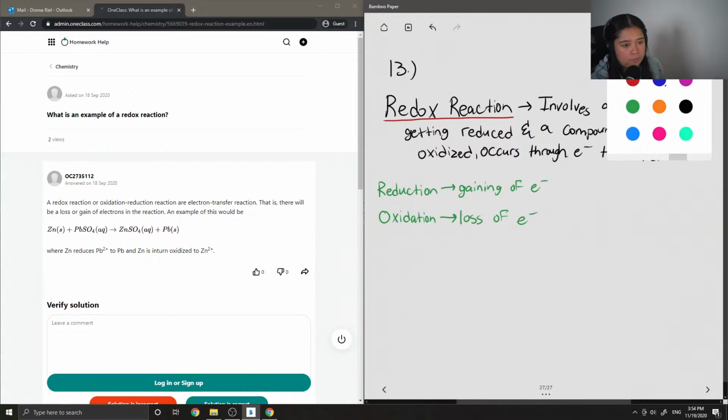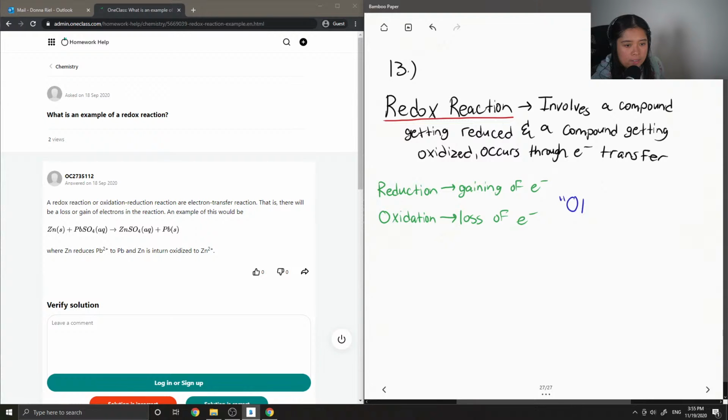There are two ways that people try to remember which reaction is gaining an electron and which loses an electron. One way is by using OIL RIG. Oxidation is losing and reduction is gaining. Or you can do LEO GER. Losing electrons is oxidation and gaining electrons is reduction. Okay, so that's what that means.